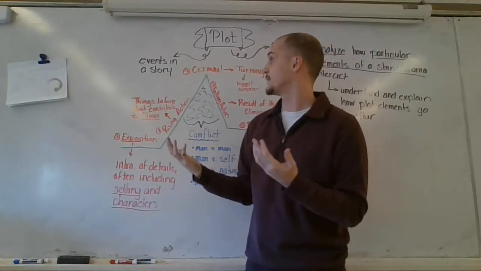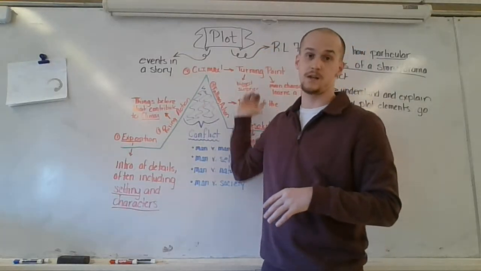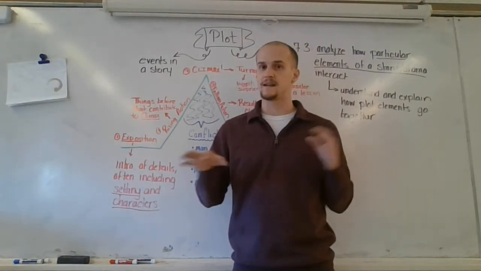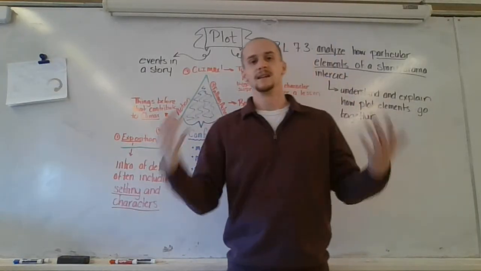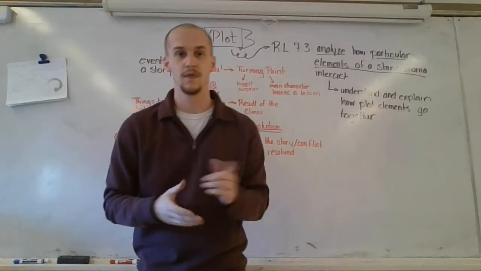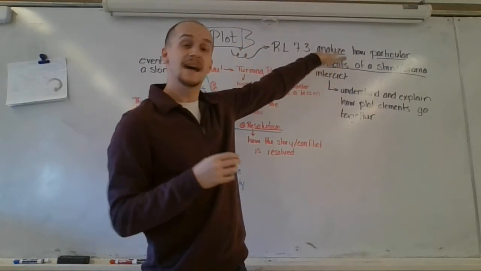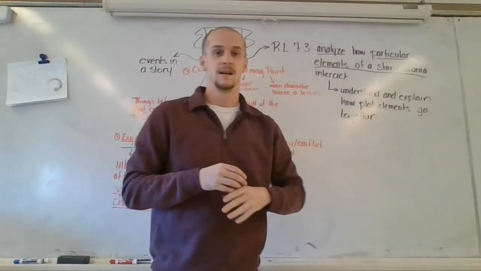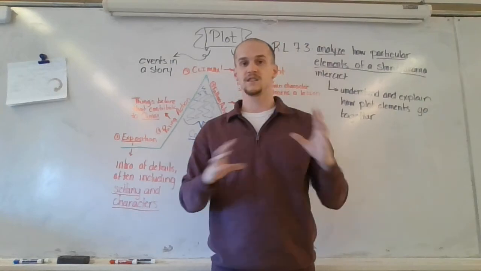And what we have to be able to do is not only identify the plot. Identifying the exposition is not enough. Identifying the rising action is not enough. Being able to point those things out is great. That's wonderful. That's only step 1, though. Remember, we have to be able to analyze, to understand and explain how all of this works together.